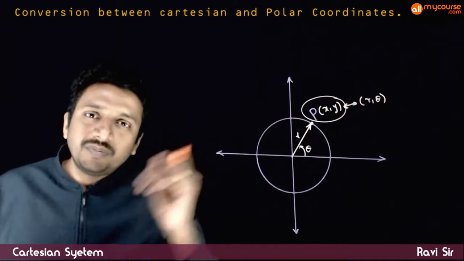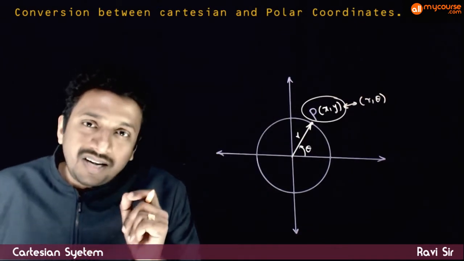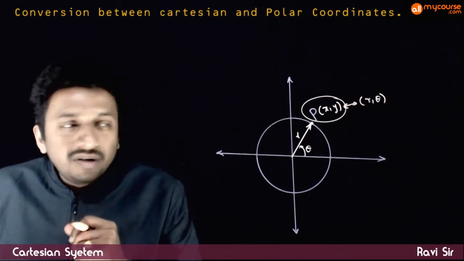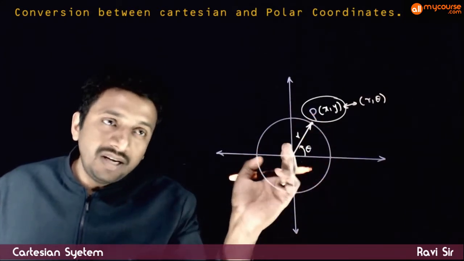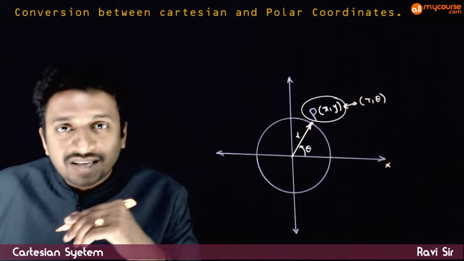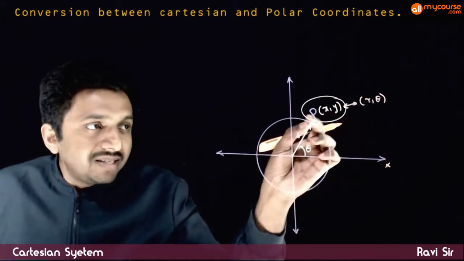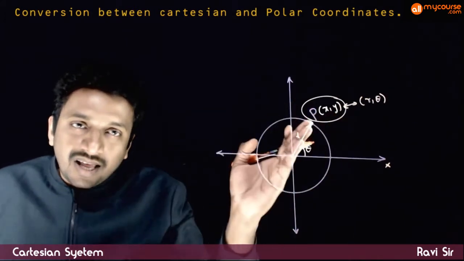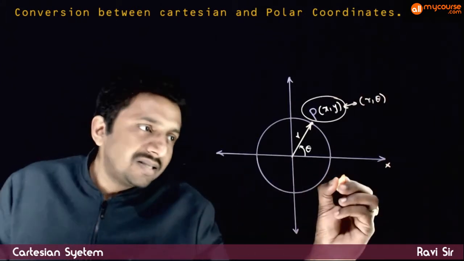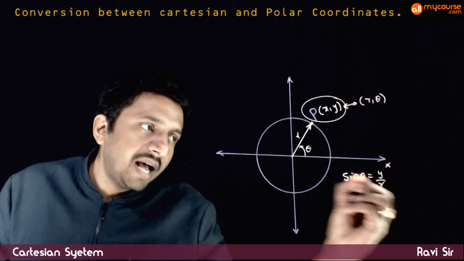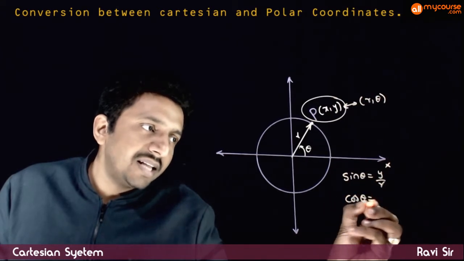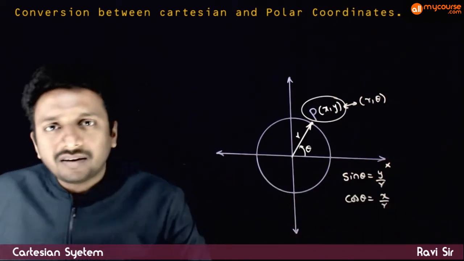Now what is the relation between these two? In the definition of trigonometric ratios, we have seen that if a ray makes an angle of theta with the positive direction of x-axis, and if x comma y is any point on this ray at a distance of r, sine theta is nothing but y coordinate by r, cos theta is nothing but x coordinate by r.